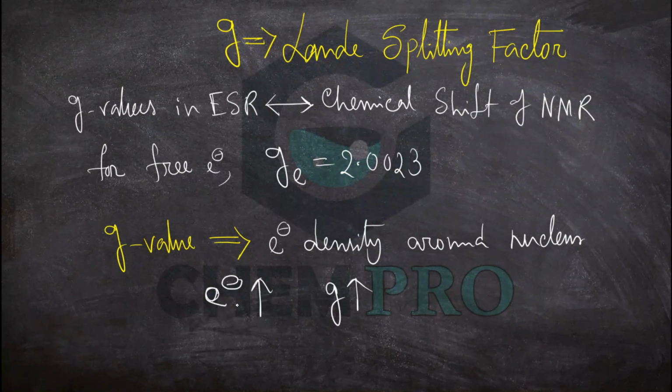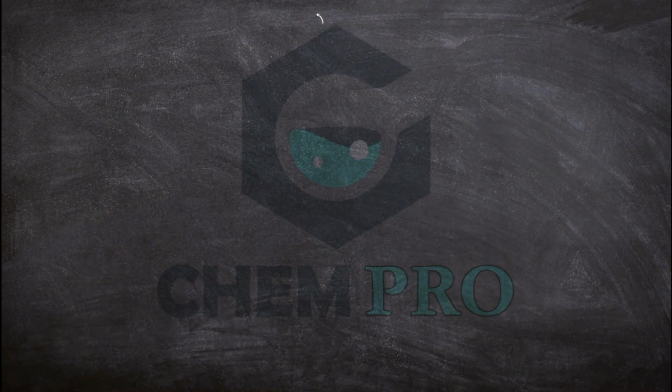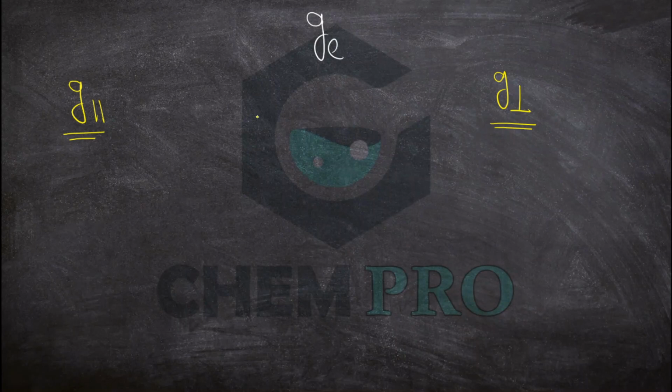Okay, so along with the GE we also have two other G values, that is G parallel and G perpendicular. So for this G parallel and G perpendicular we have to take Cartesian coordinates, that is x, y and z coordinates.